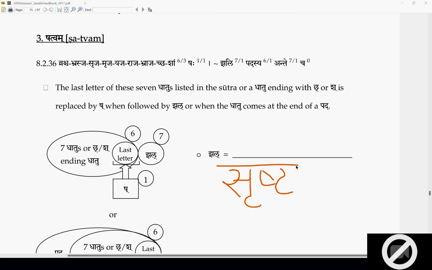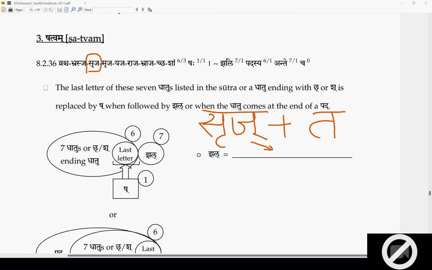How is the srushta coming? Because there is a sruja here. Sruja is the verb root, and we have a ta after that. Ta is the suffix, a krut pratyaya. Then this ja changes to sha because of this 8 to 36.